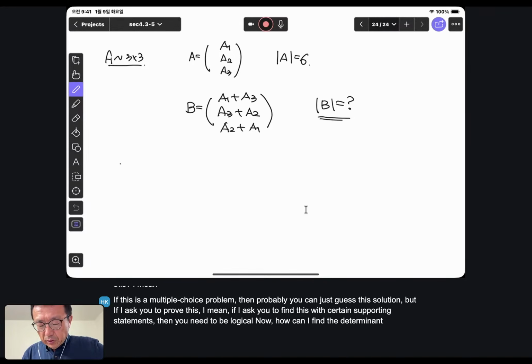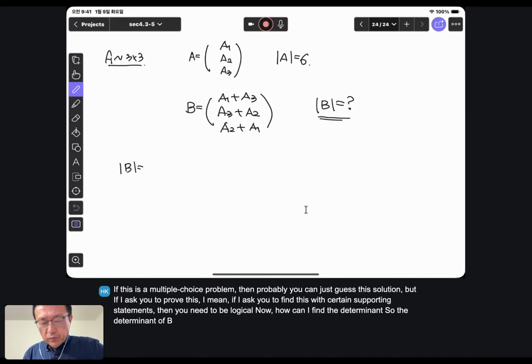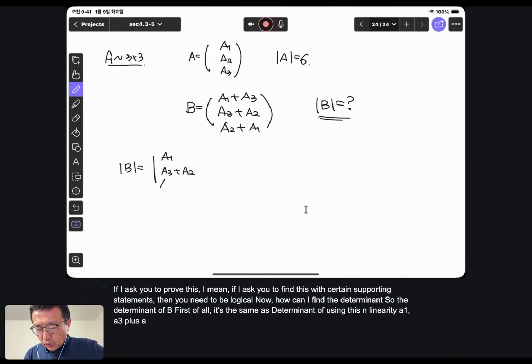So the determinant of B, first of all, is the same as, using this n-linearity, the determinant of A1, A3 plus A2, and A2 plus A1, plus the determinant of A3, A3 plus A2, and A2 plus A1.